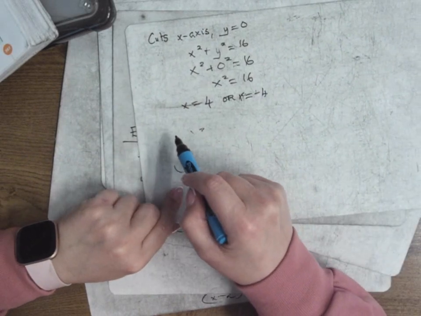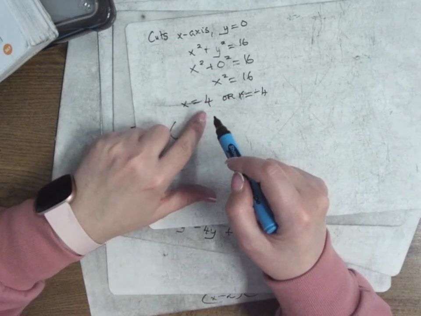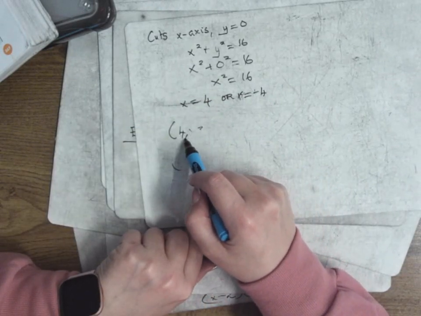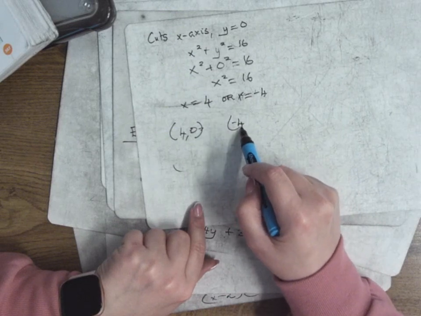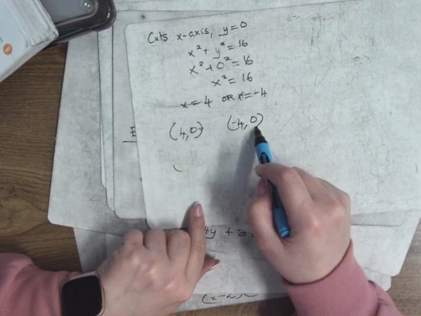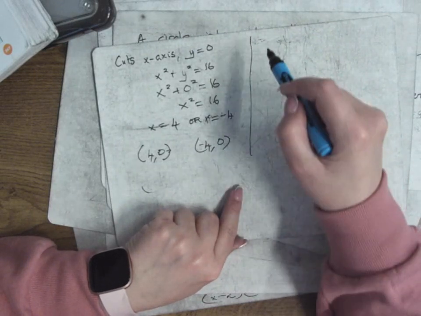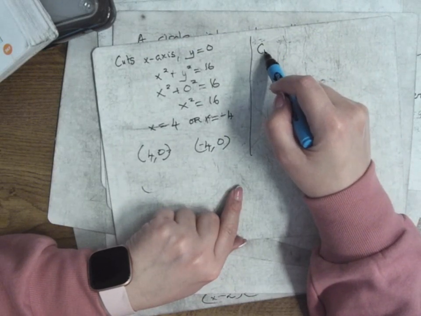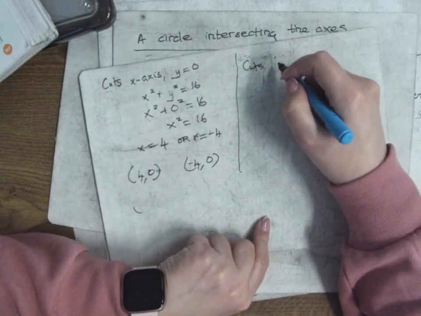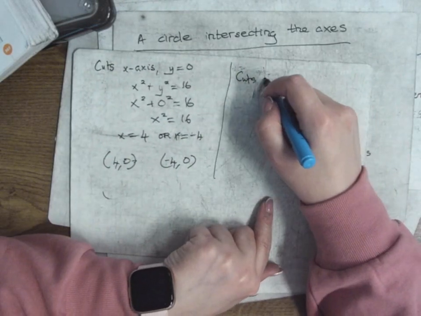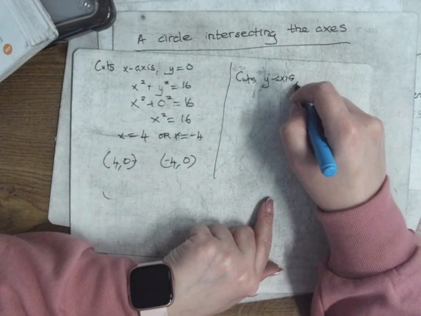So therefore, the point of intersection with the x-axis: x is 4, y was 0. And then x was minus 4, and y was 0. Is that okay? Then if the second part of the question asks where does it cut the y-axis, what's the rule? X equals 0.